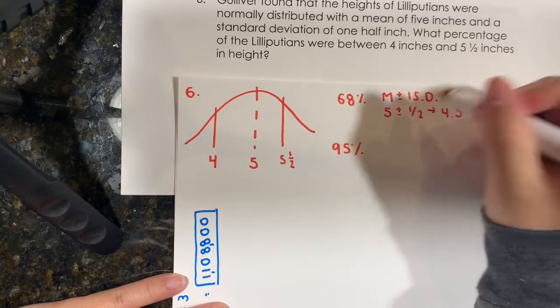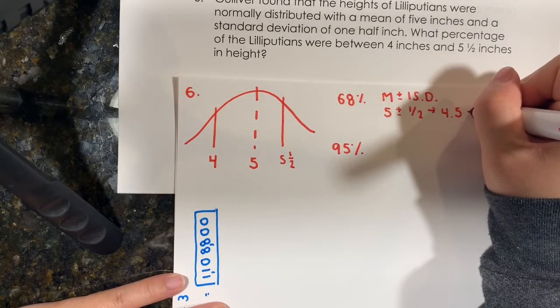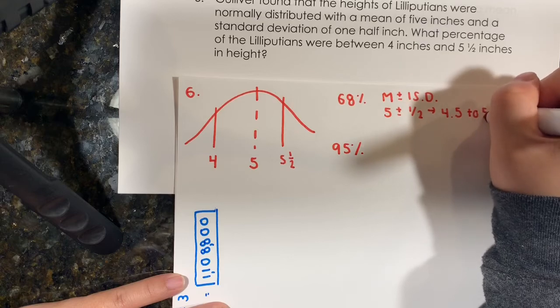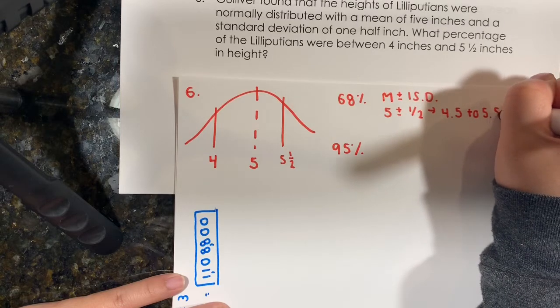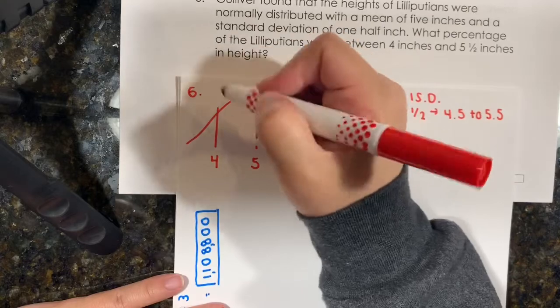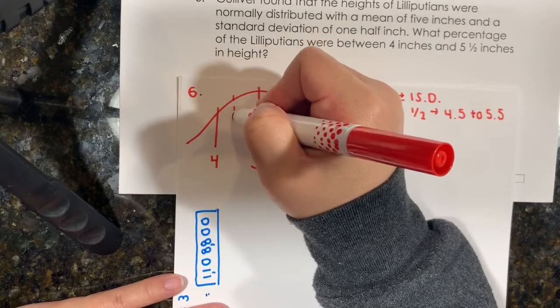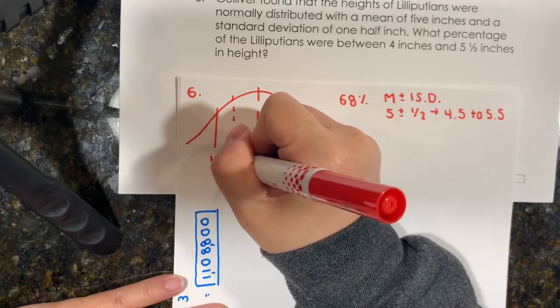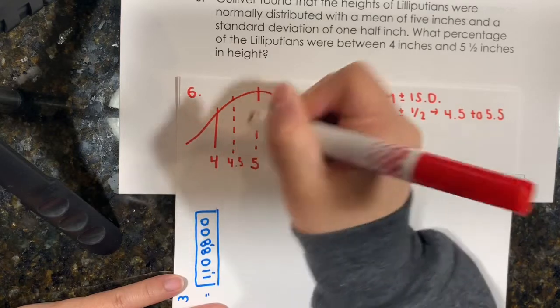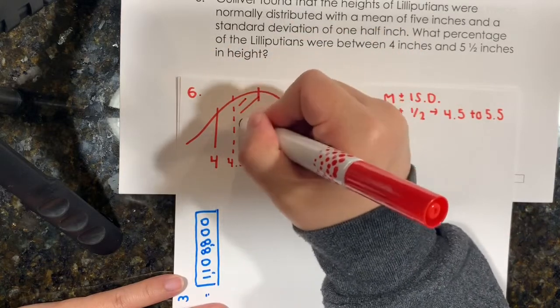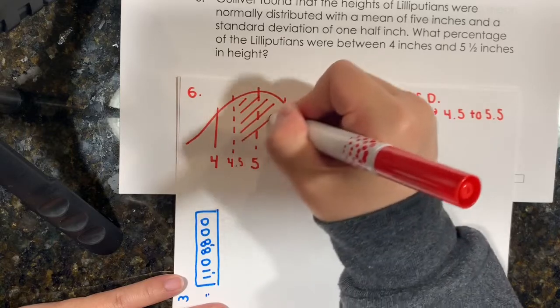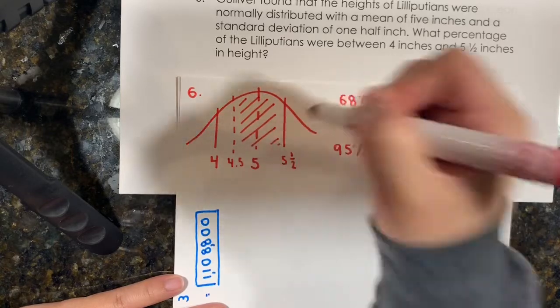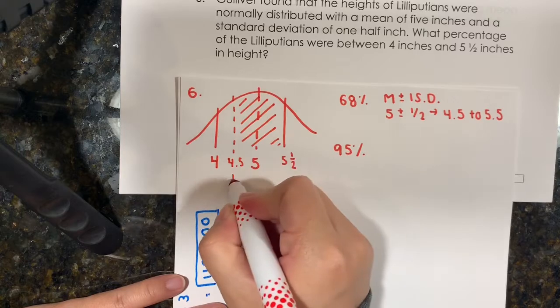And if I do the mean plus 1/2, I would get 5.5 or 5½. So if I draw a line here at 4.5, 68% of the data is going to fall between these two values.